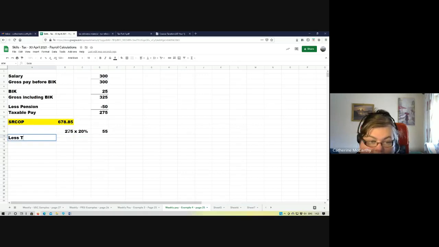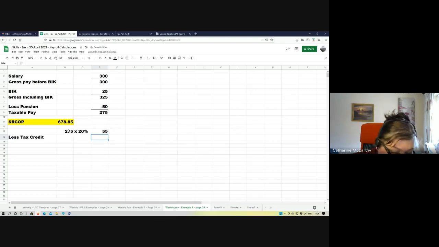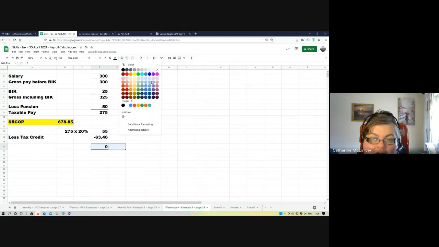Then less the tax credit, and the tax credit is 63.46. So if the tax is €55 and the tax credit is 63.46, that actually brings you down to 0. It's like a non-refundable tax credit. You don't get back the difference. They'd actually have 0 tax.